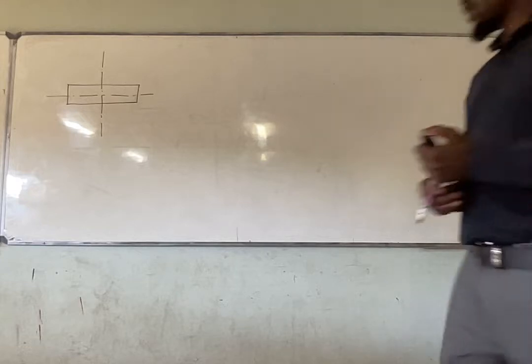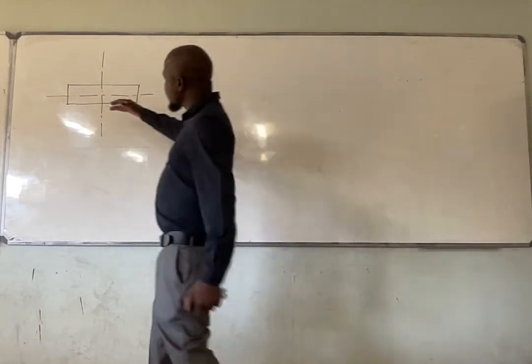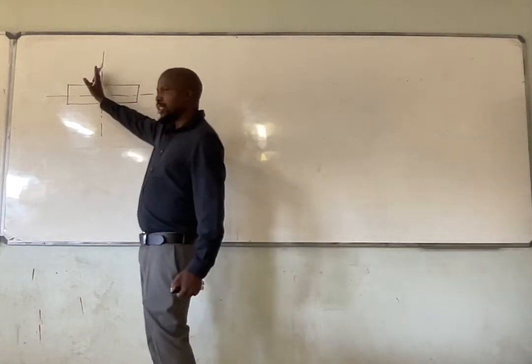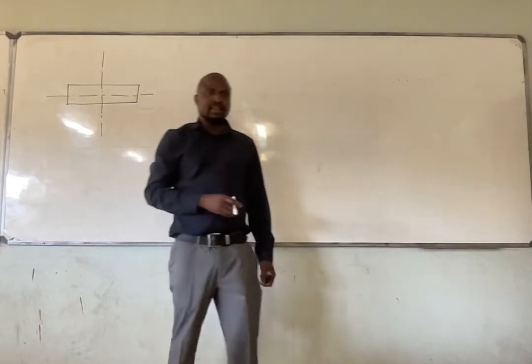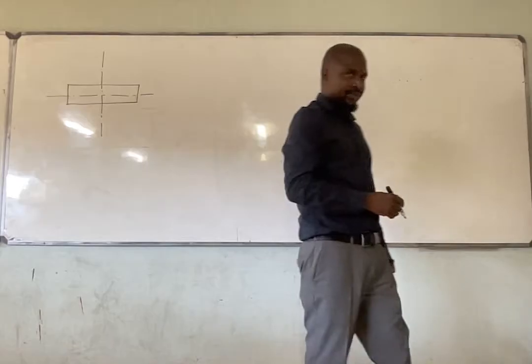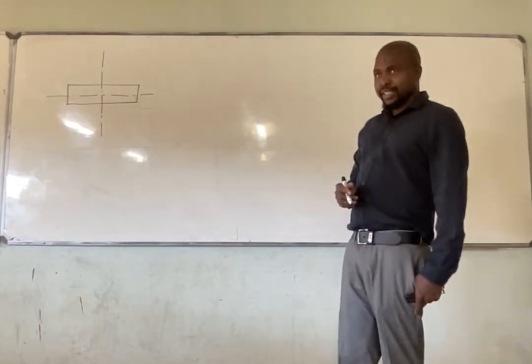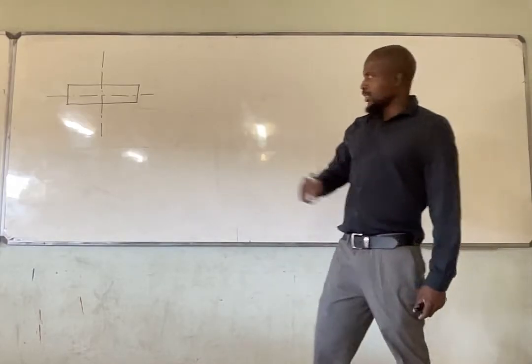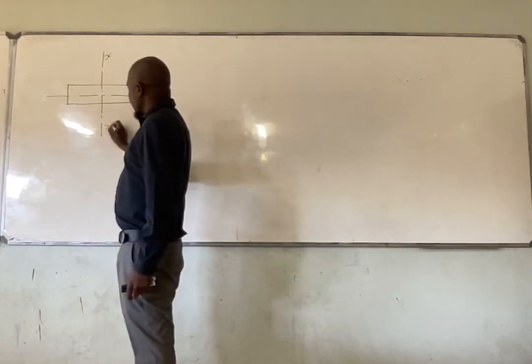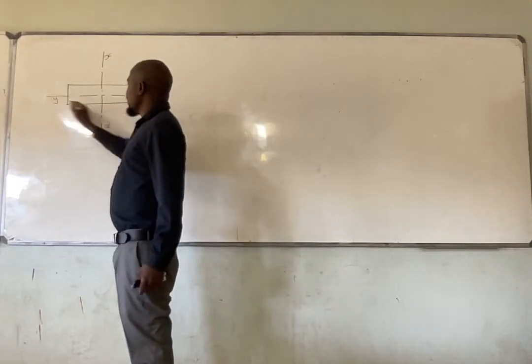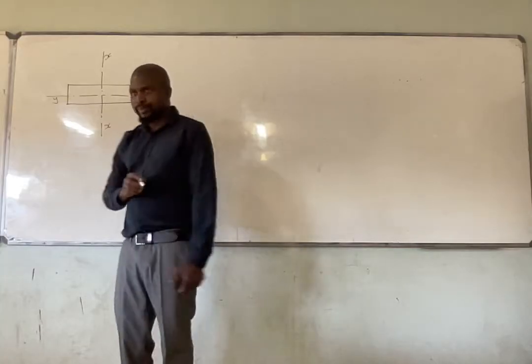So in this case, between the vertical one and the horizontal one, which one can we choose as XX? The vertical one, not horizontal. This one will be our XX. This one will be our YY.